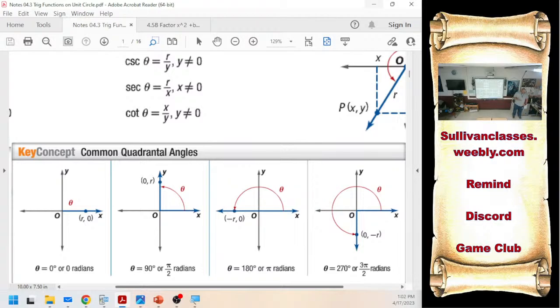Quadrantal angles are the angles at the quadrants: 0, 90, 180, 270, 360, versus increments of pi over 2: 0, 1/2 pi, pi, 3 pi over 2, which for some reason trips kids up, and then 2 pi.